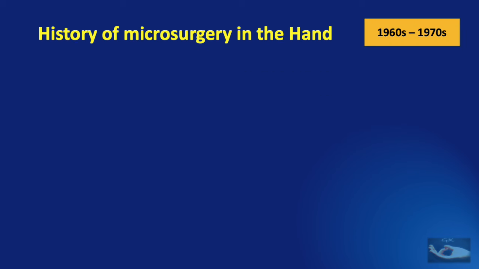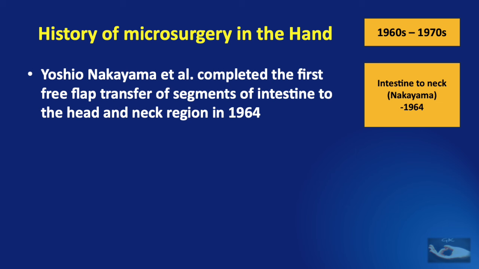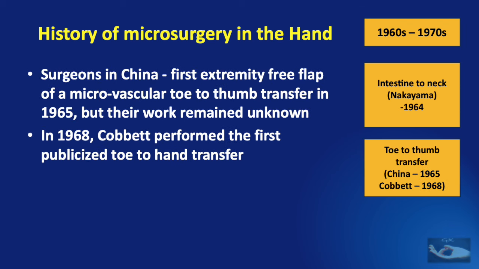Microvascular reconstruction actually started with the first free flap transfer of segments of intestine to the head and neck region in 1964 by Yoshio Nakayama. Surgeons in China did the first extremity free flap transfer of microvascular toe to the thumb in 1965, but their work remained unknown.